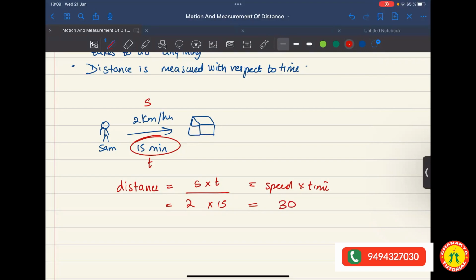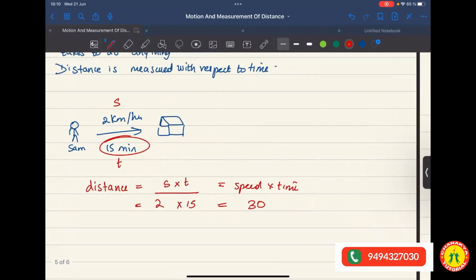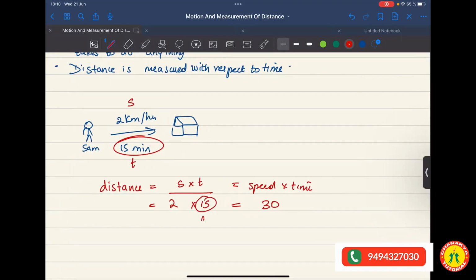Now, how will you write the unit of speed? Ma'am, but the time is in minutes. Okay. So what are you supposed to do if it's in minutes? Convert it to hours. So 15 minutes is how many hours?